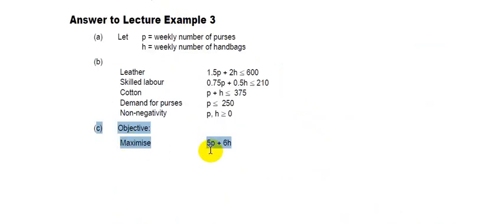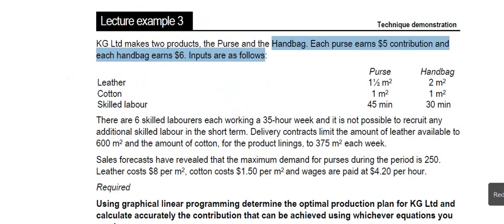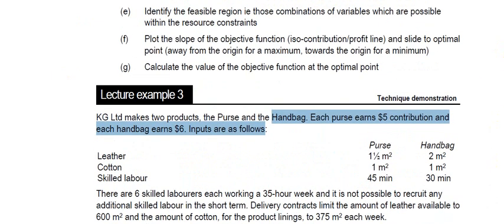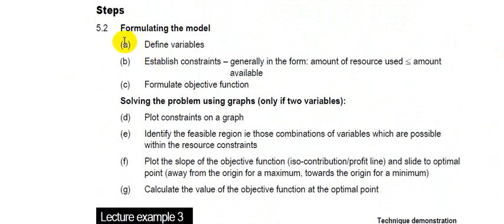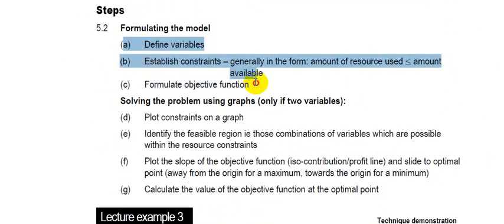So maximize 5P plus 6H. So we've gone up to there, up to the objective function.